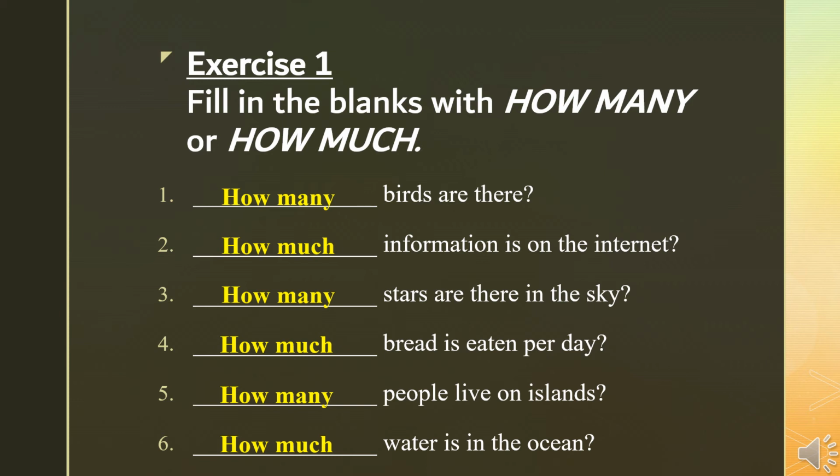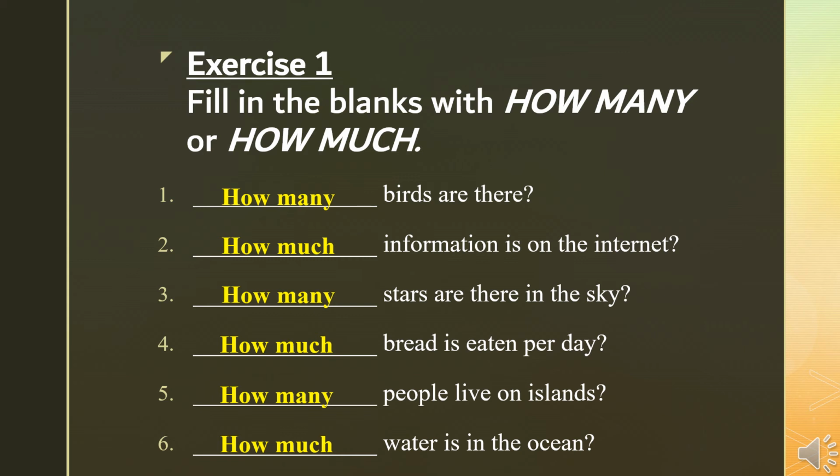For question 3, stars. Stars is a countable noun, so we use how many. How many stars are there in the sky? For question 4, bread is an uncountable noun, so we use how much. How much bread is eaten per day?